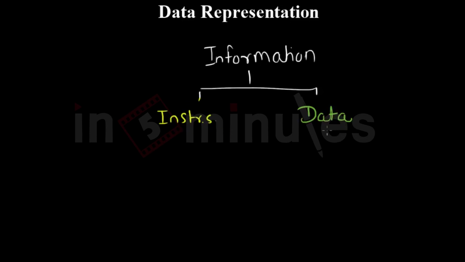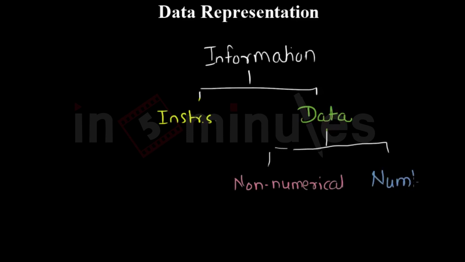Let's talk about data. Data can be further divided into two types. First is non-numerical data. Non-numerical data can be characters and strings, all represented as binary sequences, but they represent something other than numbers. The other type is obviously numbers. While dealing with computer arithmetic, we need to know how exactly a number is represented.